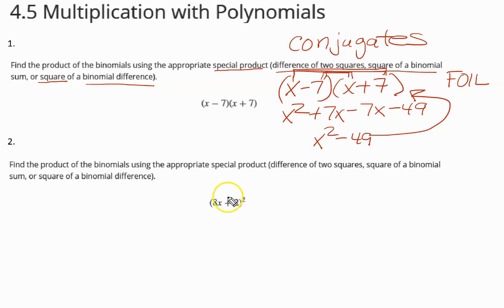Now, another type is this one, and we'll write it again. This is a binomial that we're going to square. Another way to write it is to write it twice as indicated by the exponent.